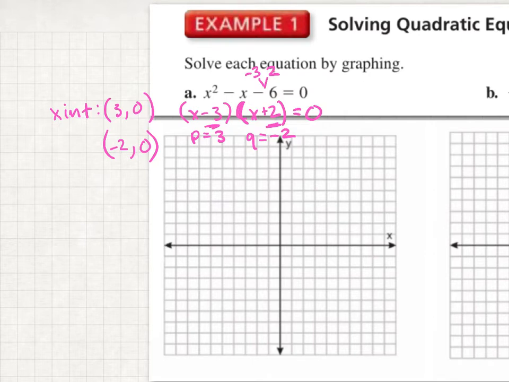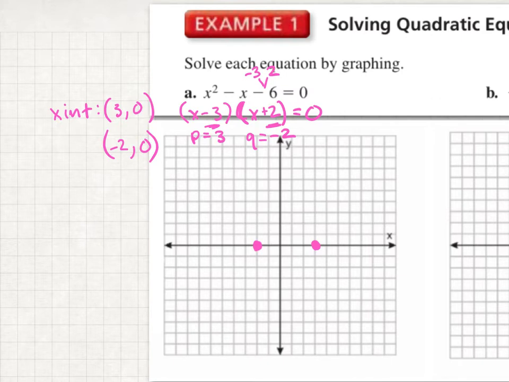Now we go to our graph. We go to the right 3, stay on 0. And then we go to the left 2 and stay on 0. What else do we need to help us graph this? A line in the middle or a vertex.